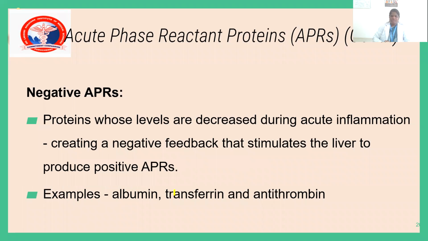Coming to the negative acute phase reactants, these are the proteins whose levels are decreased during acute inflammation, because of some kind of inflammation the level goes below the normal range. Examples: albumin, transferrin, antithrombin. In case of any coagulatory disorder, these will be decreased. This is called a negative acute phase reactant.